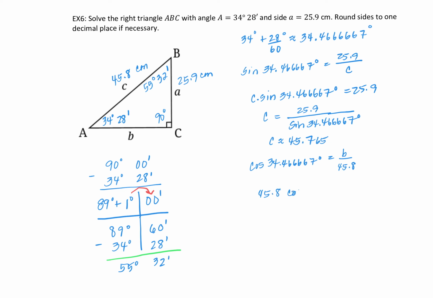So B equals 45.8 times cosine of 34.4666667. That's what I'm going to put into my calculator. When I put that in my calculator, I get approximately 37.76.